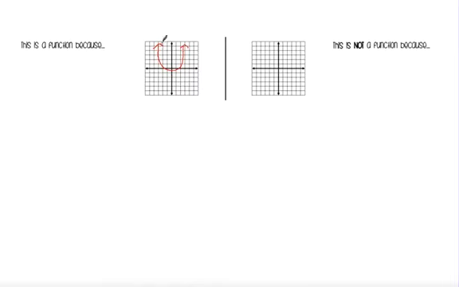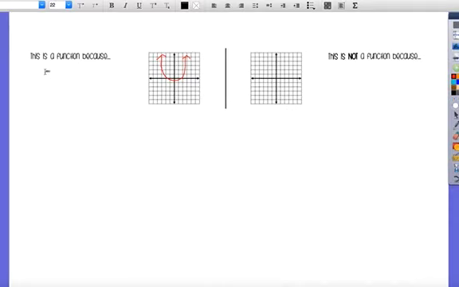So I would basically be able to run a straight line through here and I would see that it didn't cross more than one time. So for this one, we would say that this is a function because it passes the vertical line test, which is just one of the methods that we can use if we have a graph and we want to make sure that the graph that we have is or is not a function.